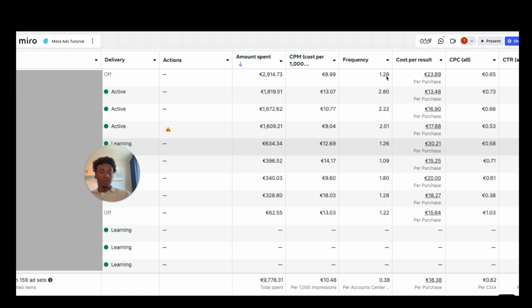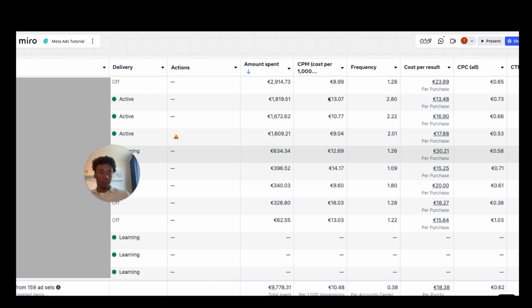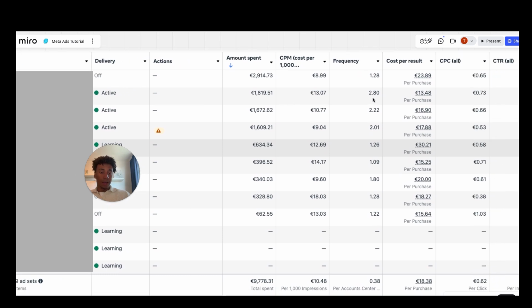It was only 1.3, which means that on average 28% of people see this ad 2 times. So this shows that this is a very top of funnel ad, reaching a lot of new people. Then we see this second ad, which has a very low cost per purchase, but this ad was just a picture showing some discount, and the frequency is also very high. So this just means that this is a very bottom of funnel ad.